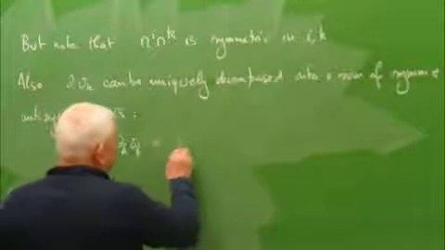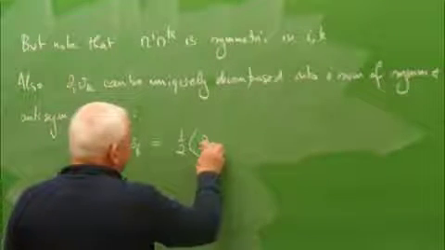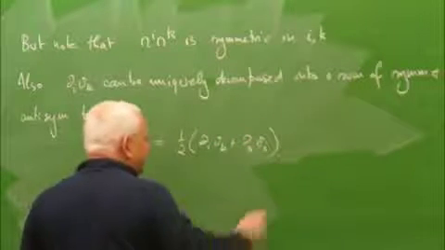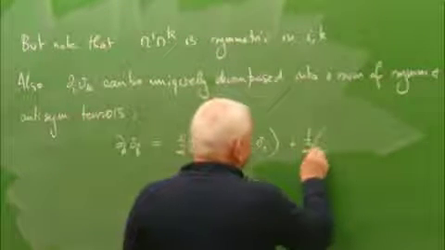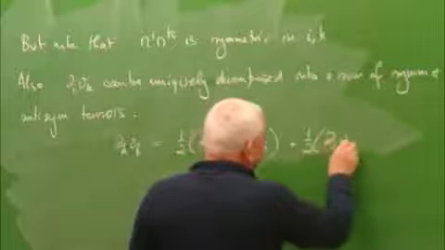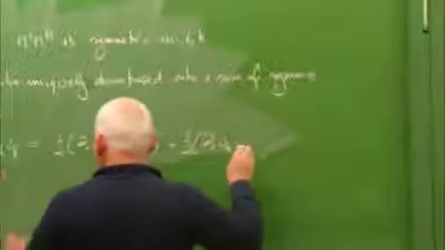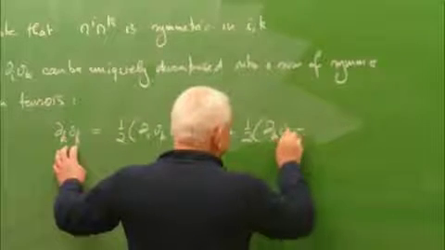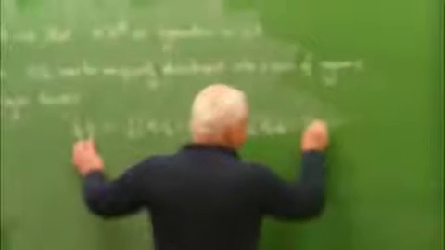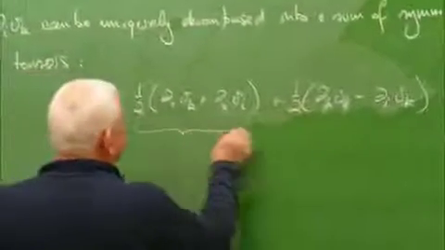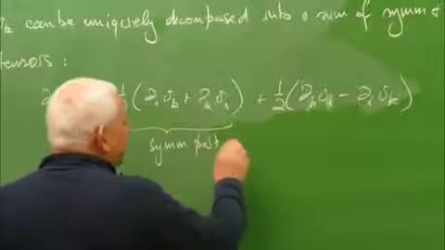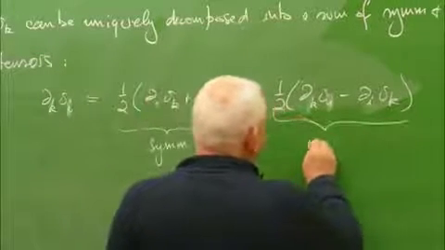You write this as 1/2 (∂i vk plus ∂k vi) plus 1/2 (∂k vi minus ∂i vk). So this is the symmetric part. This is the antisymmetric part.